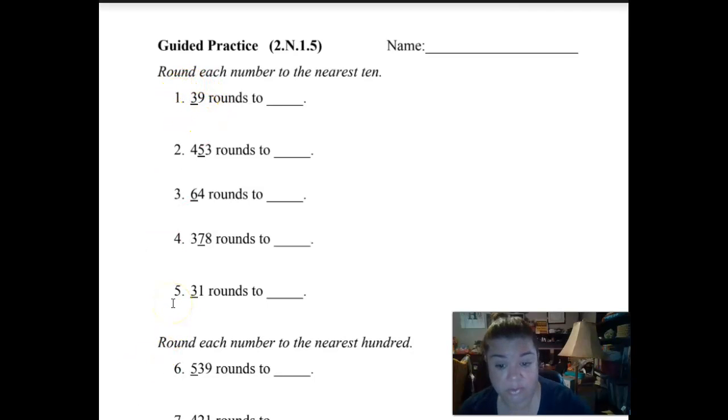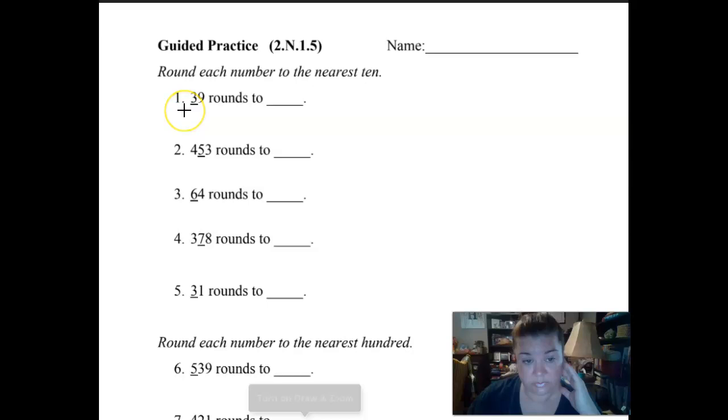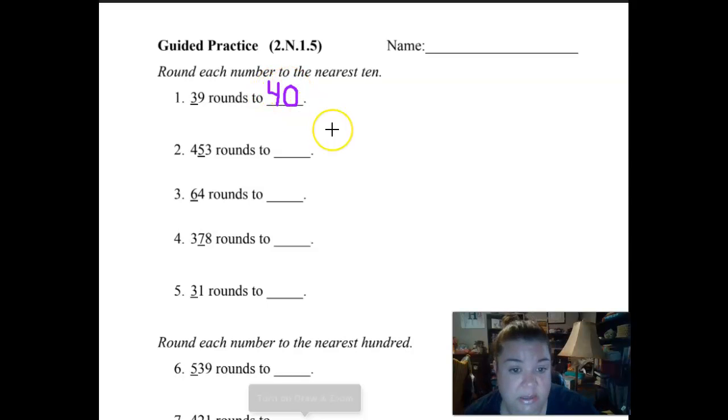If you don't have your whiteboard with you, go grab it, or if you need to just use paper and pencil, go grab that now. You should have your stuff to write on because you need to practice. So 39 to the nearest 10. If it's a 9, we're going to round up, which makes it, remember this one goes up by 1, and then you put a 0 in the ones place.